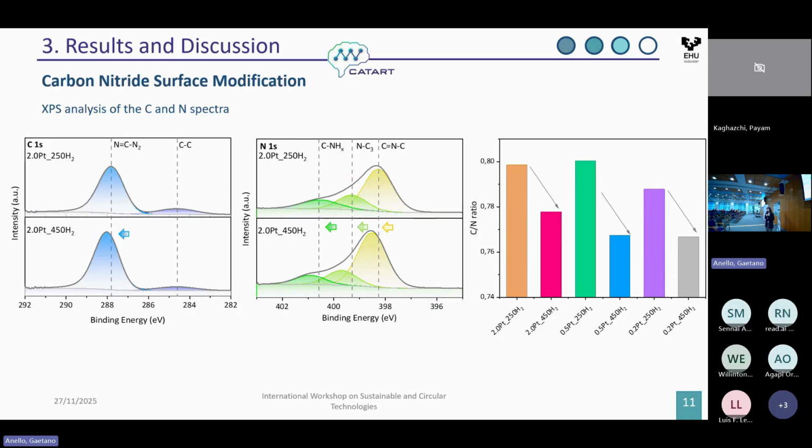I don't remember exactly how it was. It's in the article, but yes, we realized that the electronic configuration was changing. We also have another characterization technique that supports the theory. So yes, we know that something was going on with that.